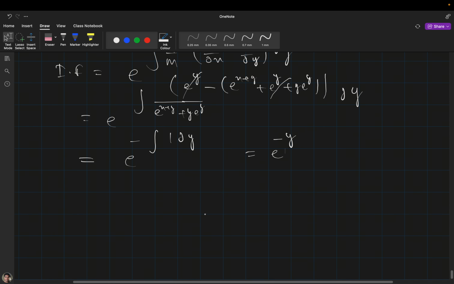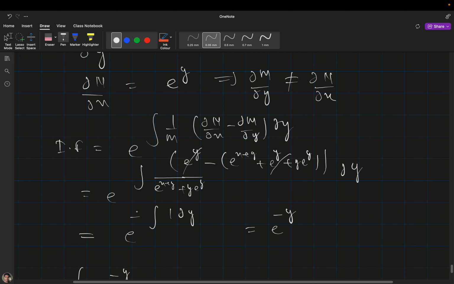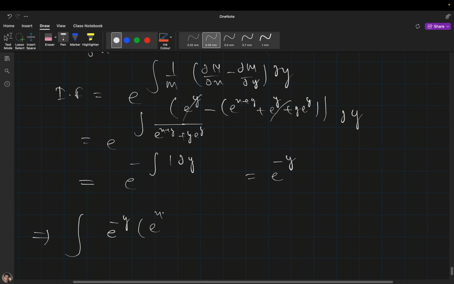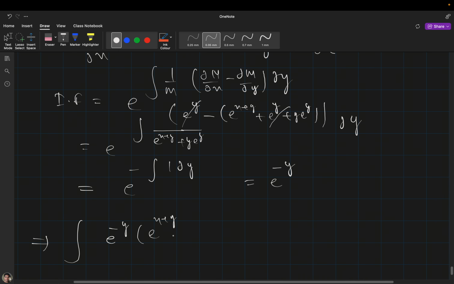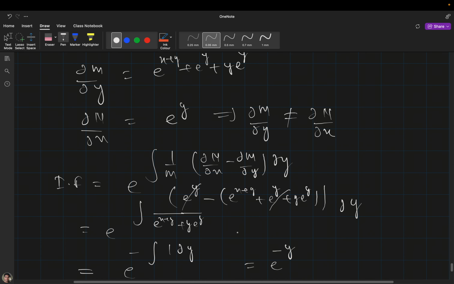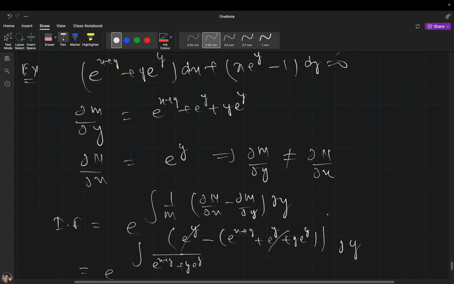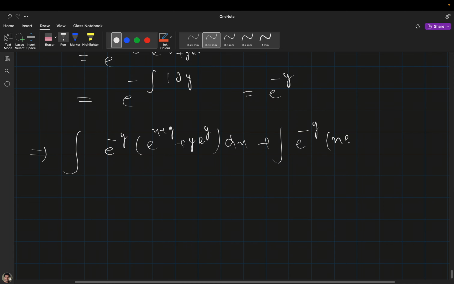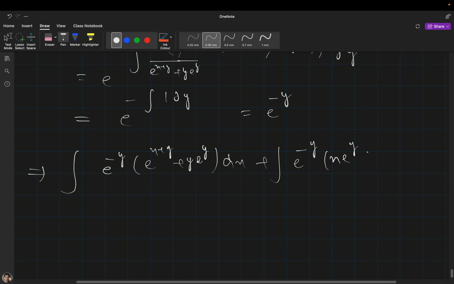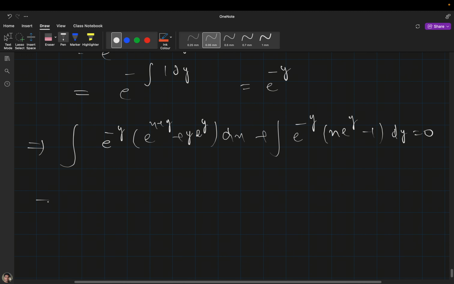Now multiply this and get the solution. The equation becomes e^(−y) times M, that is (e^(x+y) + y e^y) dx, plus e^(−y) times (x e^y − 1) dy.